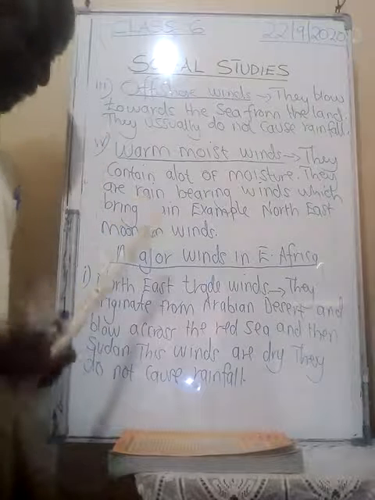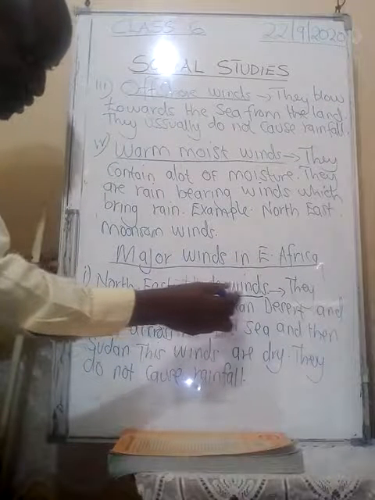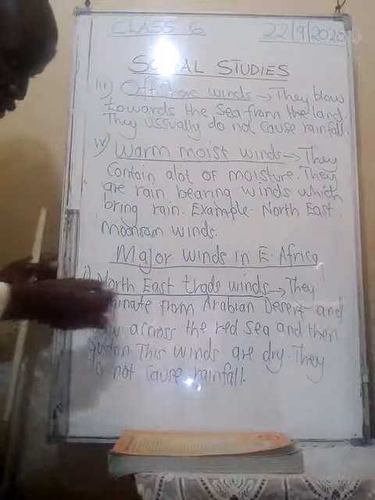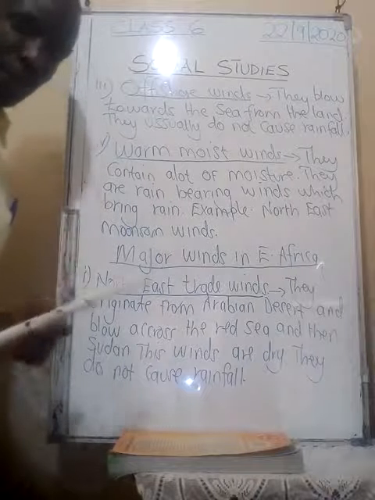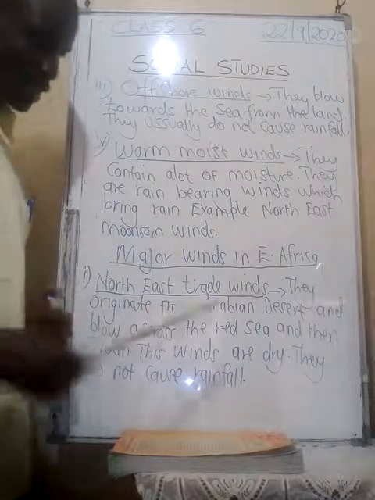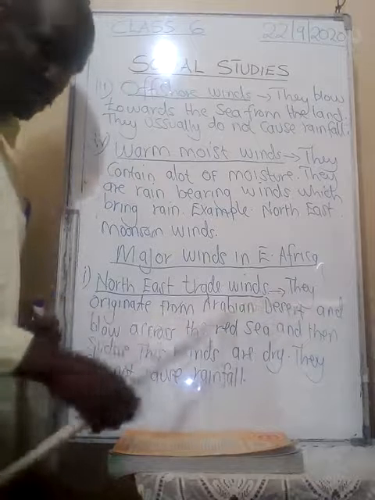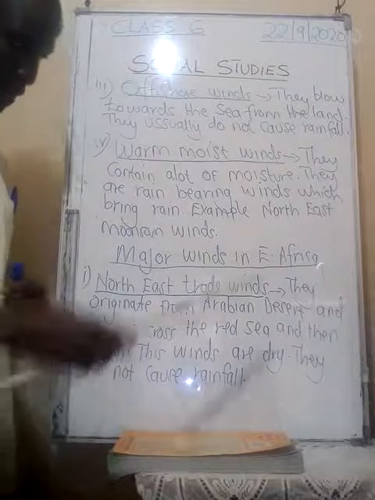Then we have the major winds in Eastern Africa. One of the major winds in Eastern Africa is the northeast trade winds. We say that they originate from the Arabian Desert, in Saudi Arabia, in Asia.